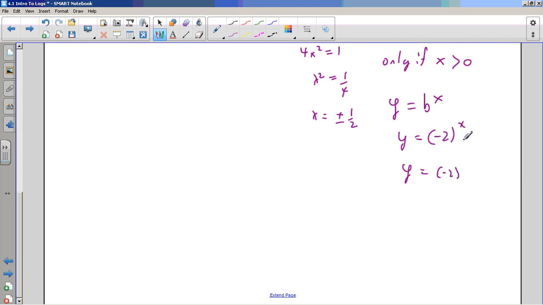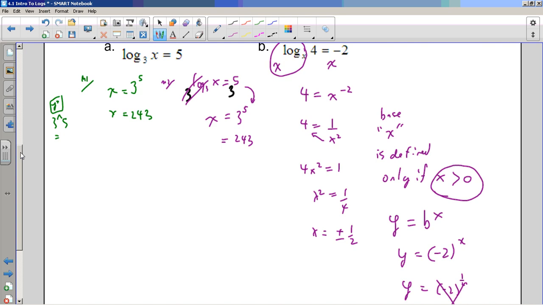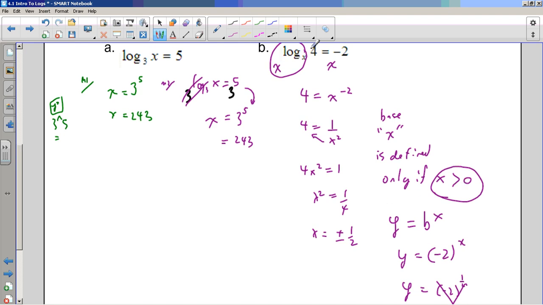For instance, if x was a half, that's the square root of -2, which is not defined. So we say these functions are only defined if the base is greater than 0. The base has to be greater than 0. We say that is not allowed. That's not an allowed solution, an inadmissible solution.